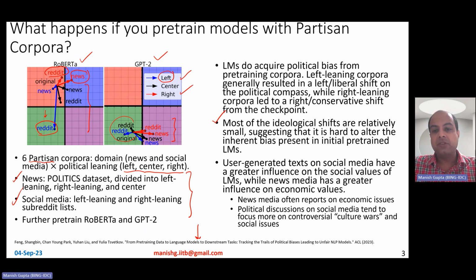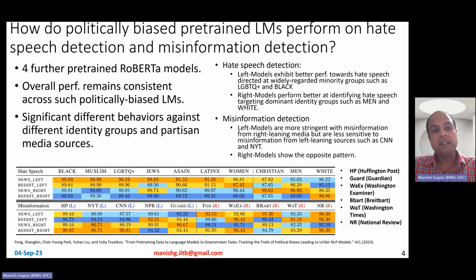Right. The idea is that news media often reports on economic issues, so it's sort of expected that news media leads to more implications on the economic axis, while political discussions on social media tend to focus more on controversial culture wars and social issues, which basically means that yes, the social media discussions lead to important implications on the social axis, right?